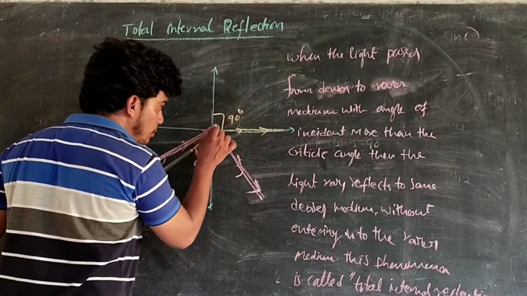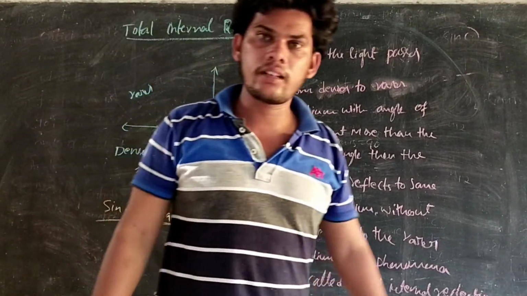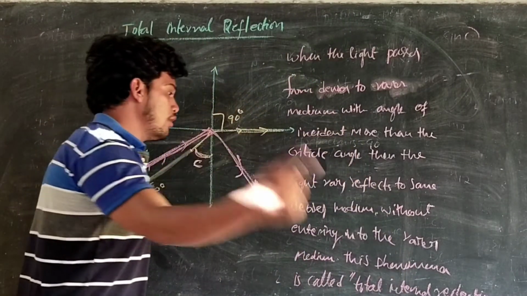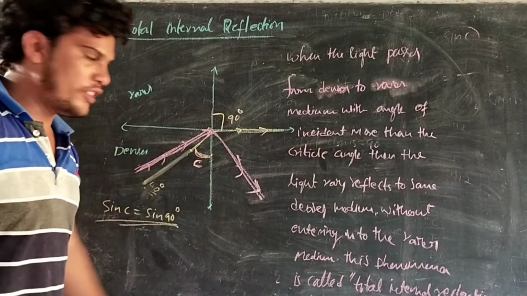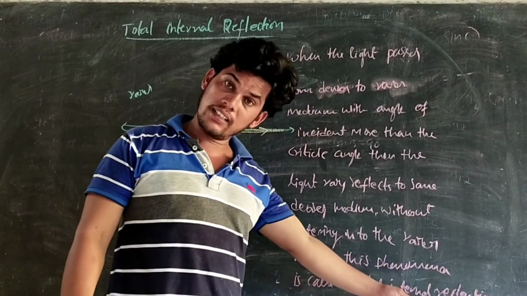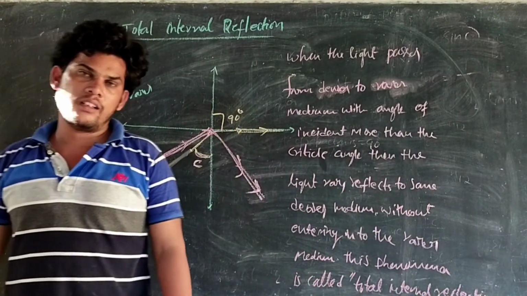Actually it should go like this to the rarer medium, but without going into the rarer medium, it comes back. This phenomenon is called total internal reflection. Are you clear?